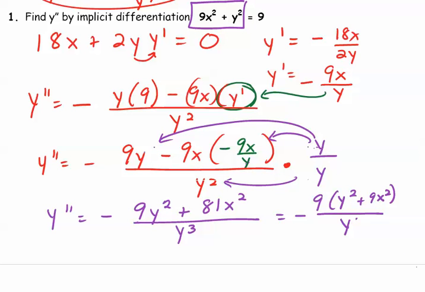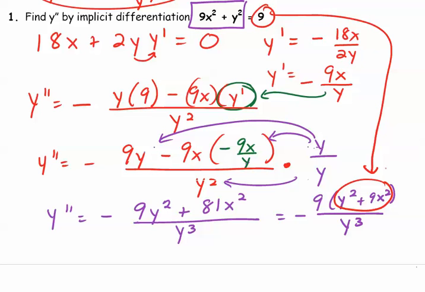So right there it is. So there's our next substitution. This value, we know from the original, can be replaced with 9. So now we get our final answer. Y double prime is going to be negative 81 over y cubed.